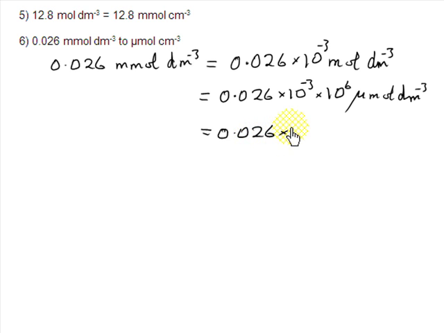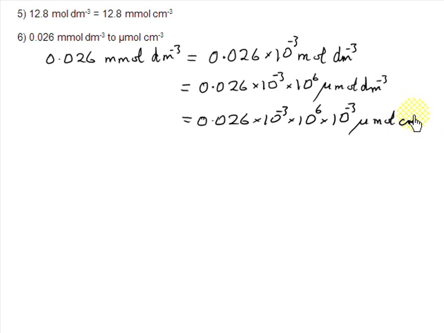0.026 times 10 to the minus 3 times 10 to the plus 6. But converting the decimeters to the minus 3, we will have 10 to the minus 3, and that will be per centimeter cubed. So we now add up the powers of 10.